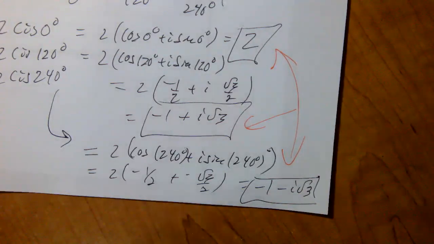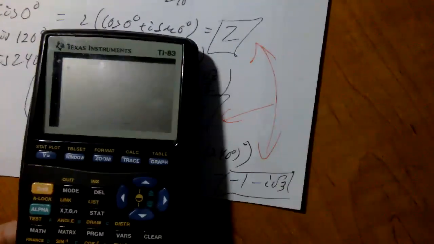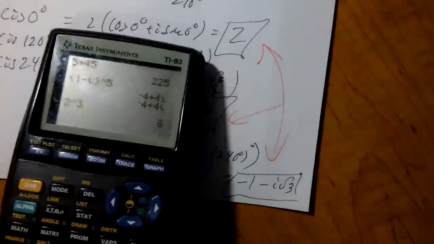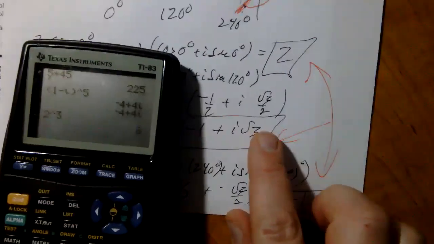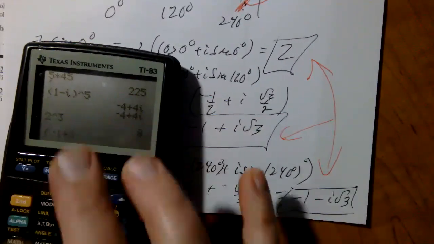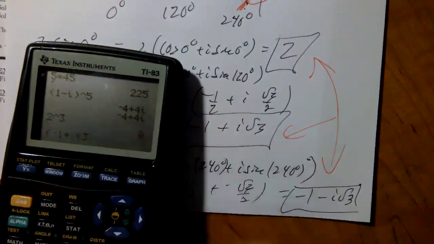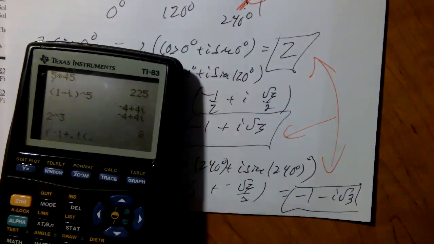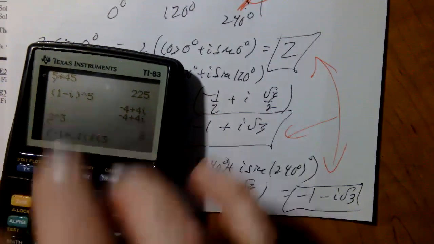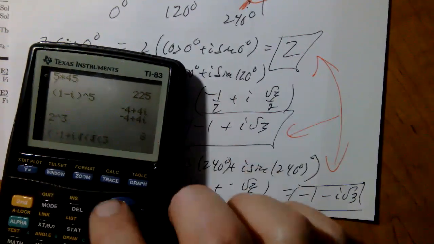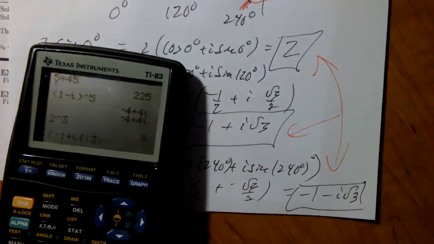Okay, or you can check. I mean, if I take 2 and cube it, see, look, it gives me 8. Okay, if you were to take this number in parentheses, negative 1 plus i root 3, I root 3. There we go.